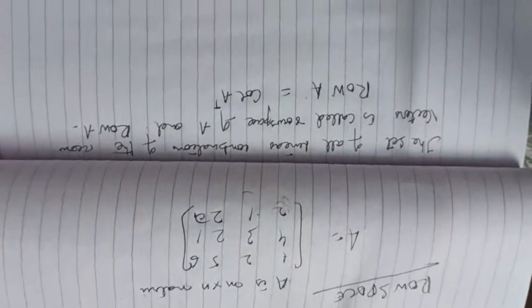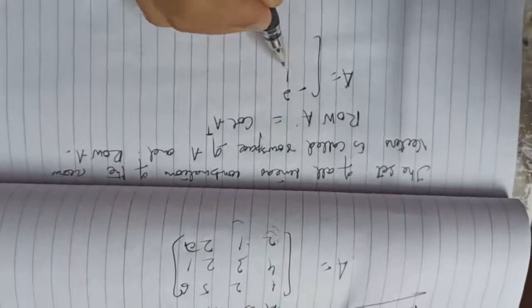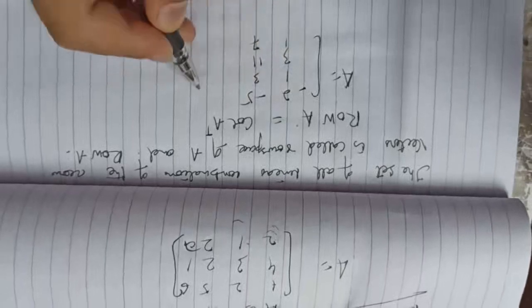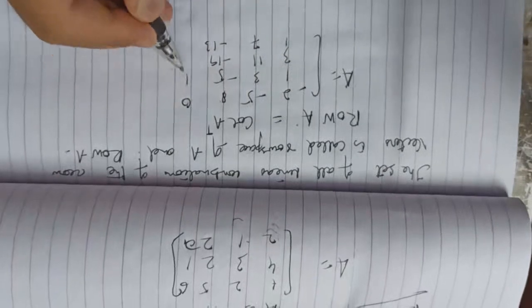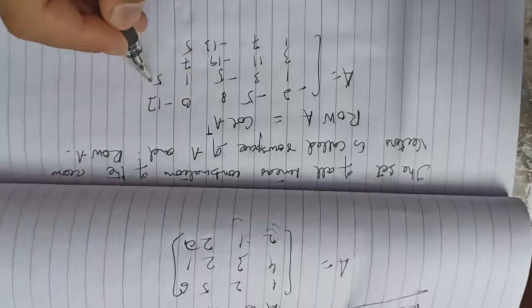Now to give you an example, let's say A is the matrix with rows minus 2, minus 5, 8, 0, minus 17, and so on, as listed: minus 2 1 3 1 minus 5, 3 11 7 8 minus 5, minus 19 minus 13 0 1 7, 5 minus 17 5 1 3.